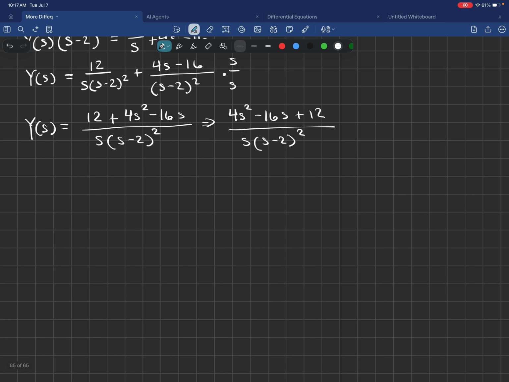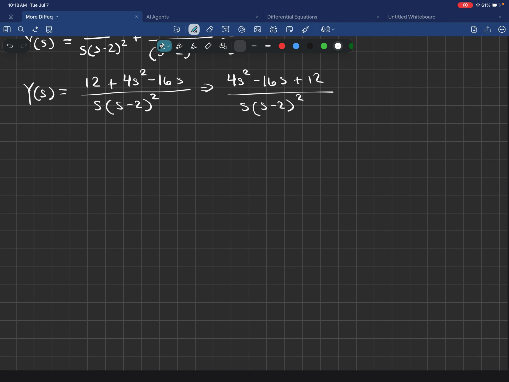Okay, so now we're ready for our partial fraction decomposition. Now, we can't easily take the inverse Laplace transform of this large fraction, so we need to break it apart using the partial fractions. Because we have a single root s and a repeated root s minus 2 squared, we can set it up something like this.